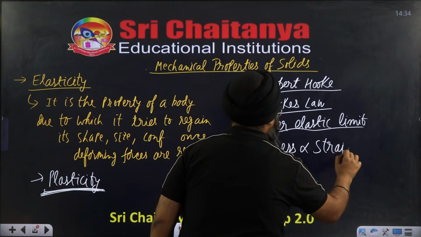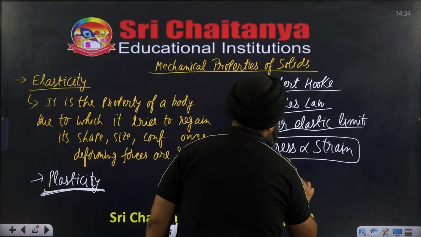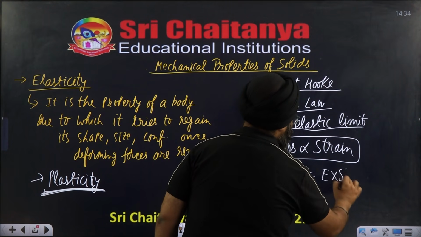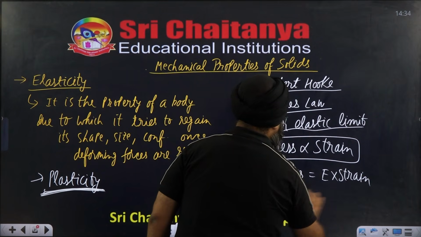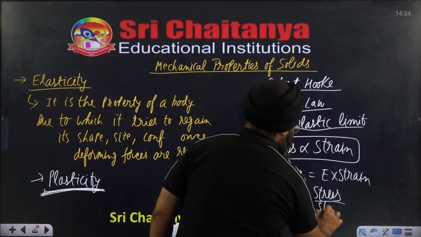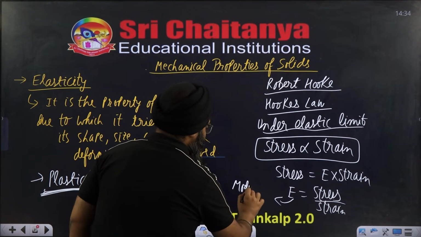Stress developed in a body is directly proportional to strain, and if you remove this proportionality sign, then you will get a constant which is called the modulus of elasticity. So basically E is stress divided by strain, and this stress divided by strain is called the modulus of elasticity.